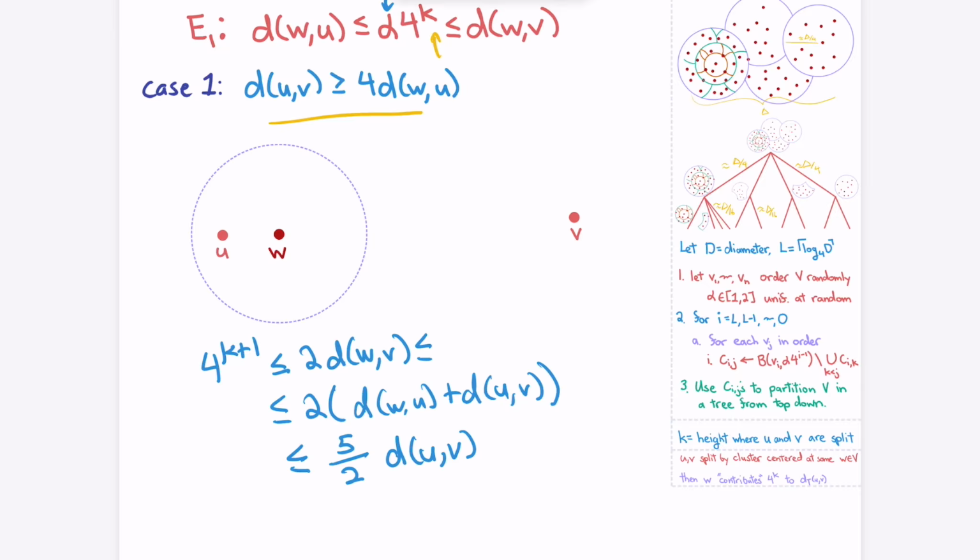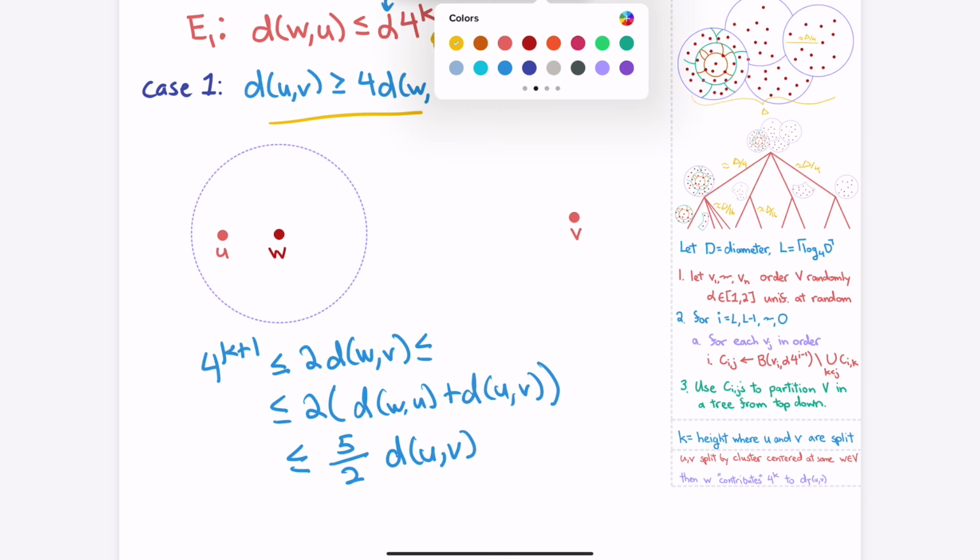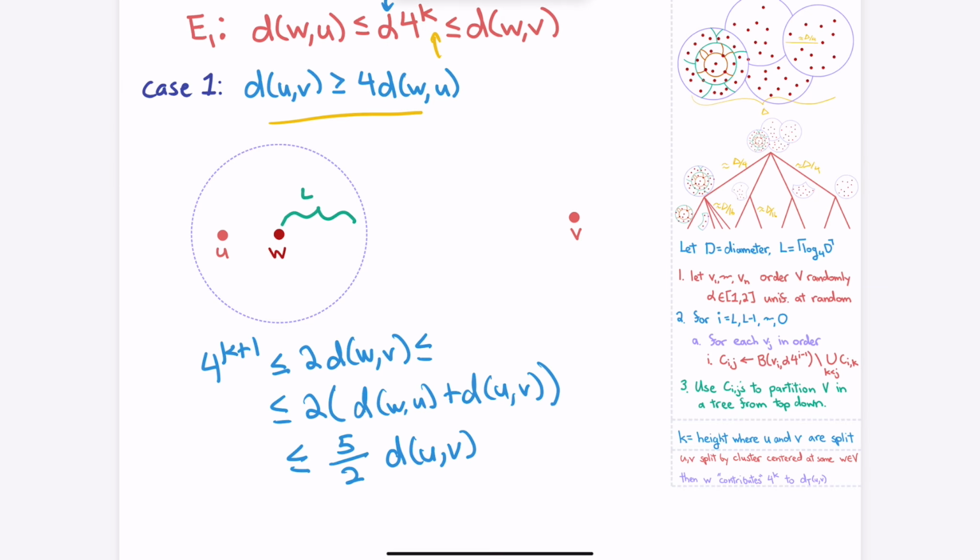Okay. So what's that saying? So 4 to the K is basically, if they separated, this would be sort of the radius, right? 4 to the K or 4 to the K plus 1. And this is the value that you would assign. This is the contribution you would make to U and V. Okay.